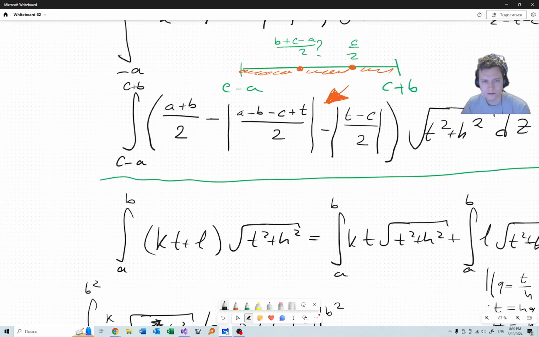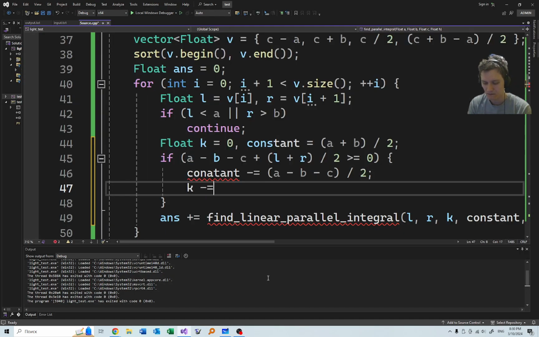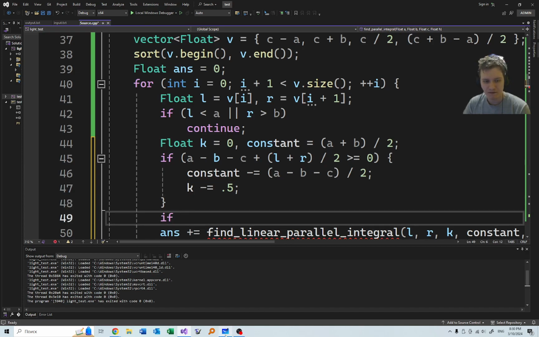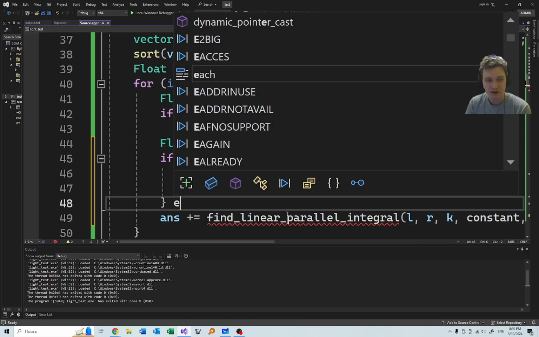And linear term is minus 1/2. And also if t minus else I do the opposite.